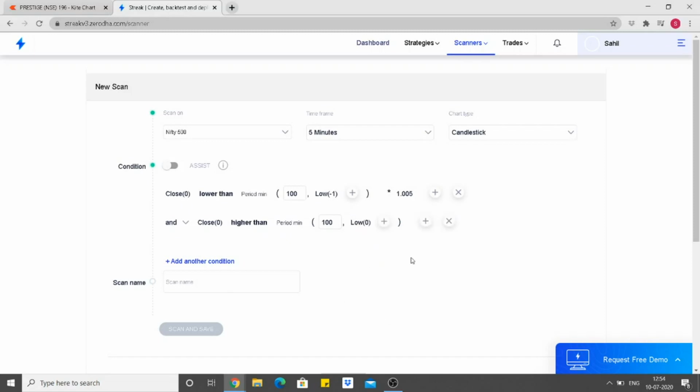So what we have basically done using these two conditions is that we've defined a range that has a lower bound as the lowest point itself, and the upper bound is 0.5% plus that level. So for example, if this is your lowest point in a period, you will take 0.5% of this and add it. So now this is the price range that the scanner will look for stocks in, right? So let's give it a name.